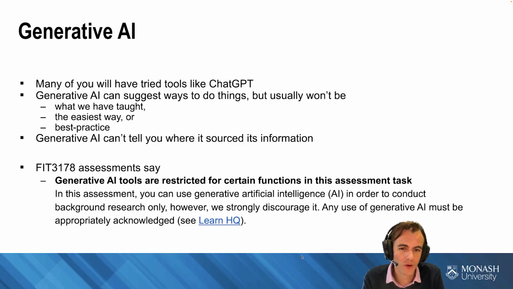I think you'd be better off Googling for most answers and or just asking us in the Ed forums and getting advice that way. But if you do use generative AI at all, you must appropriately acknowledge it. And if you look in the assessments, they say that that means including giving the prompts that you've used to ask it questions.